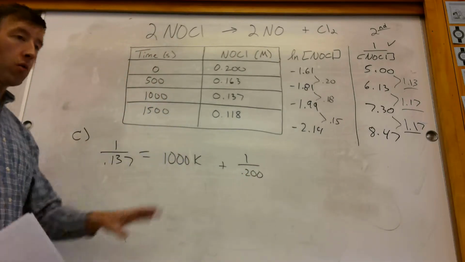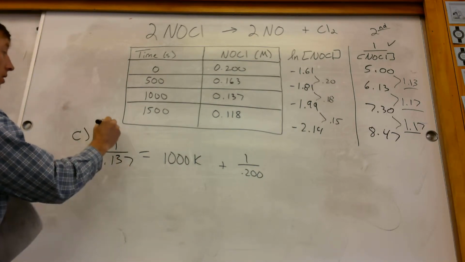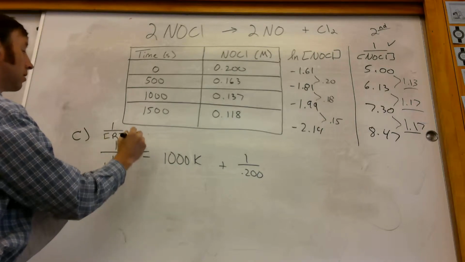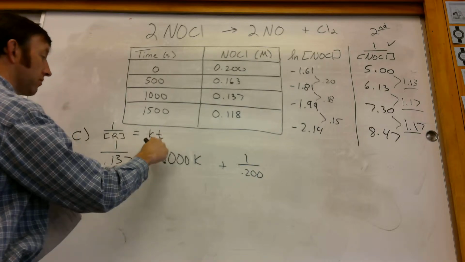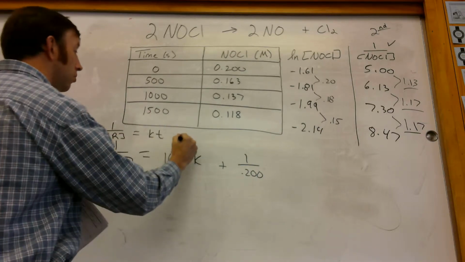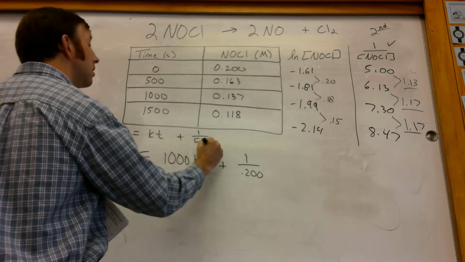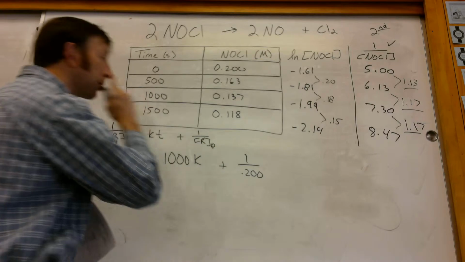So again, what we did here, if I was to give you the base formula, right? So I'm going to go 1 over molarity of reactant equals K, T for time, K for rate constant, plus 1 over molarity of reactant at 0 seconds, right? That's a little 0 there, right?